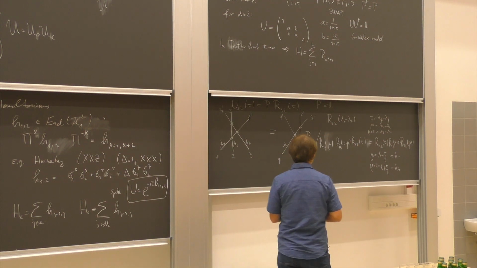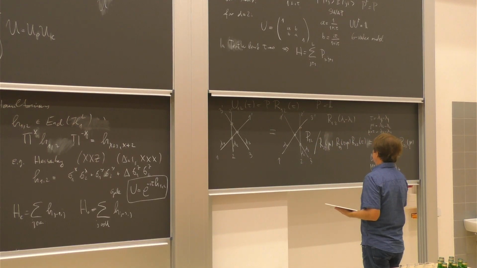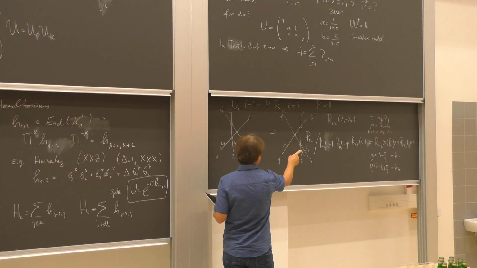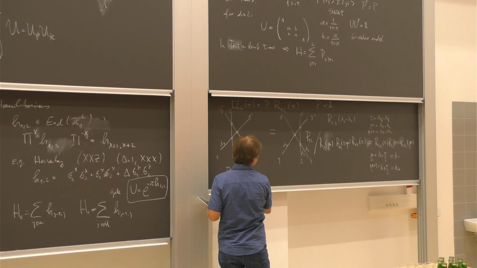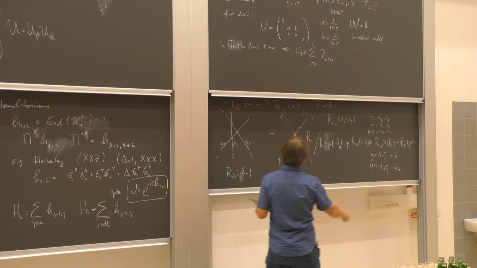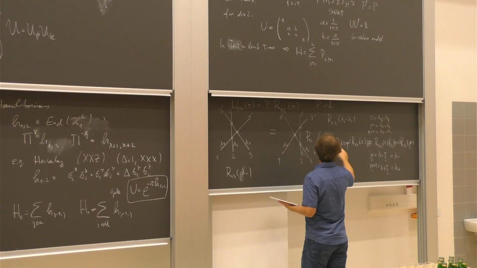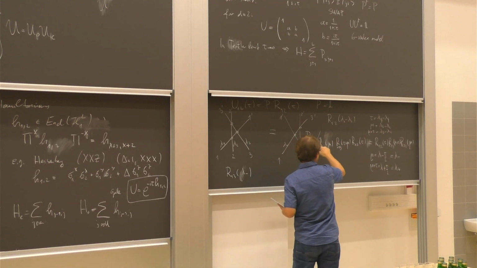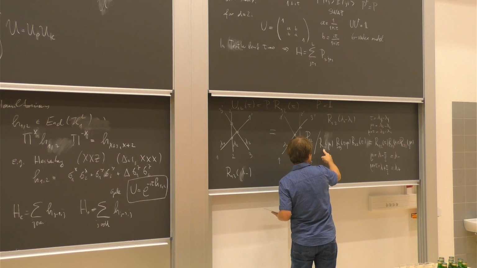What do I get? When I go through here, I take P12, then I get R13 of mu. So mu is, as I said, lambda minus. P12 just goes through, I multiply from the left, it goes through. Once it goes through this one, it touches 2 and moves it to 1.